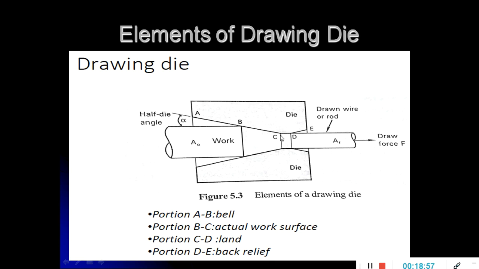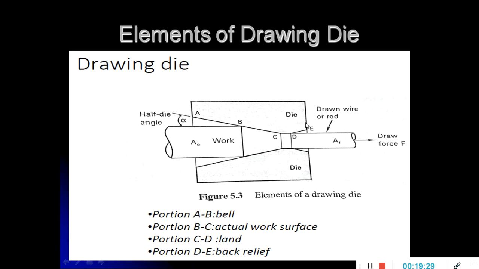After the reduction of the diameter of the wire in the BC portion, if the back relief is given directly, the smoothness is not going to be maintained. So to maintain the smoothness of the workpiece, a small plain area known as the land has been made between BC and DE. Here also the workpiece continuously comes into contact with this land CD.